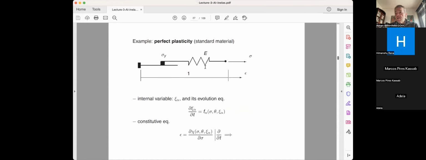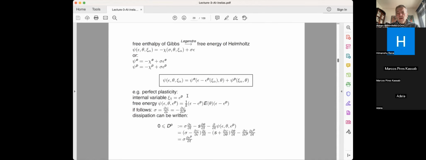What is the energy? In the case of linear elasticity, the total stored energy is 1/2 epsilon times E epsilon. Now in perfect plasticity, instead of epsilon, we just have epsilon elastic, and epsilon elastic happens to be epsilon total minus epsilon plastic. So it is written here as 1/2 (epsilon minus epsilon plastic) times E times (epsilon minus epsilon plastic).